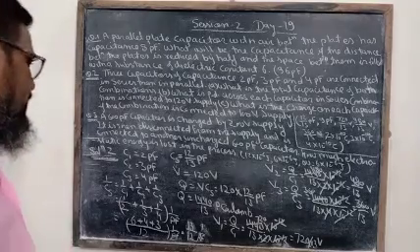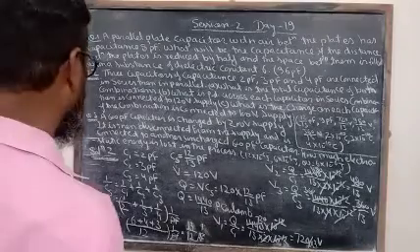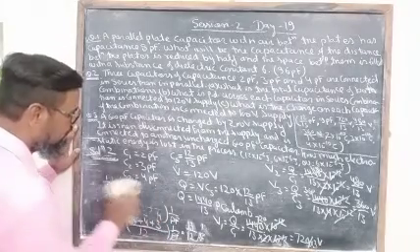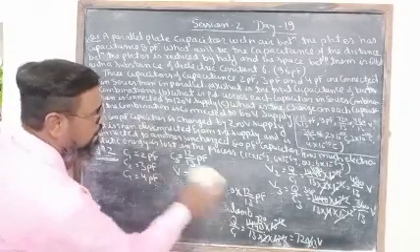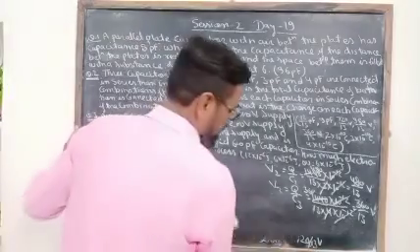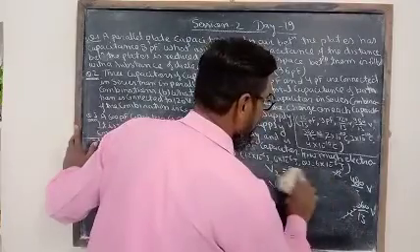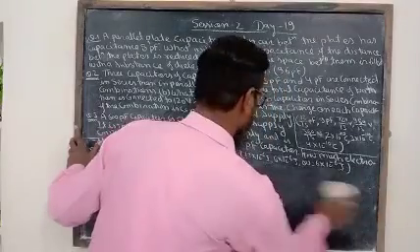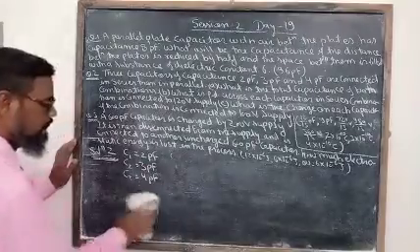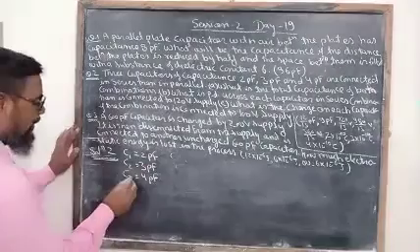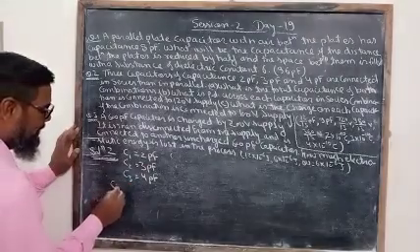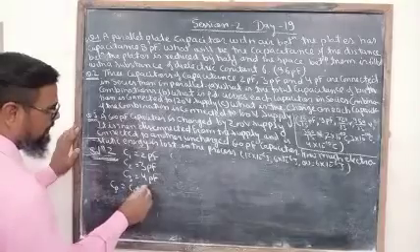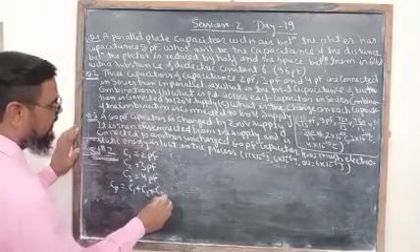Now we shall discuss the parallel combination. In parallel combination, Cp is equal to C1 plus C2 plus C3.